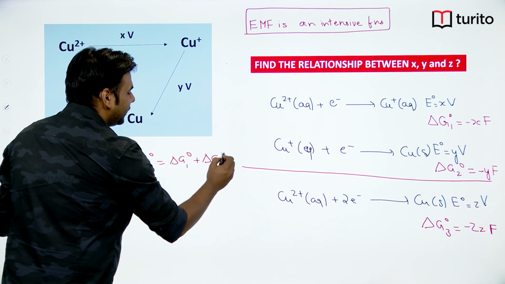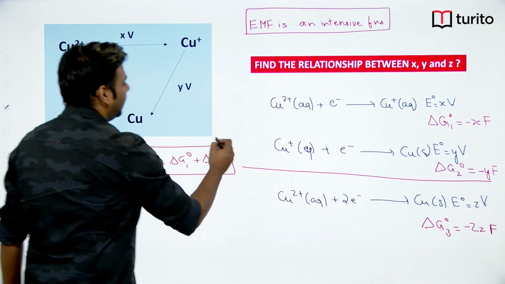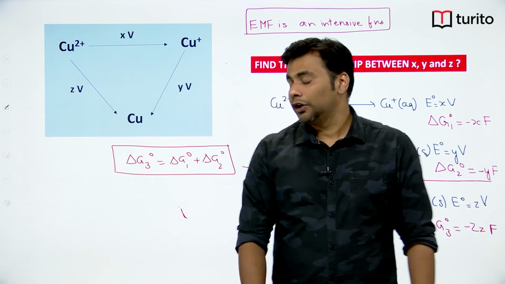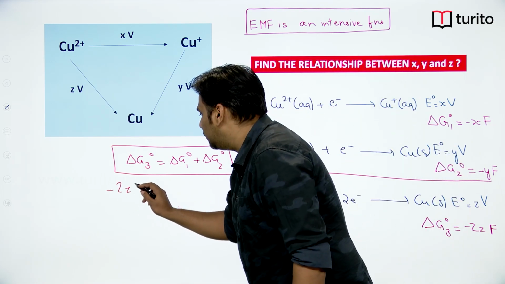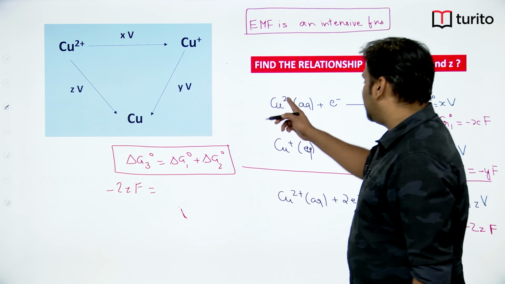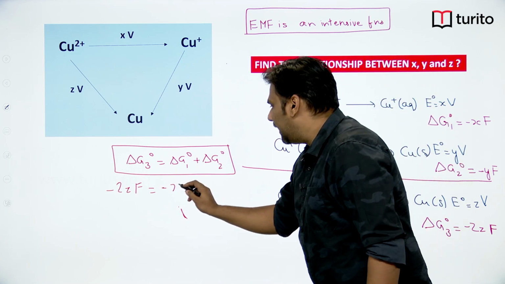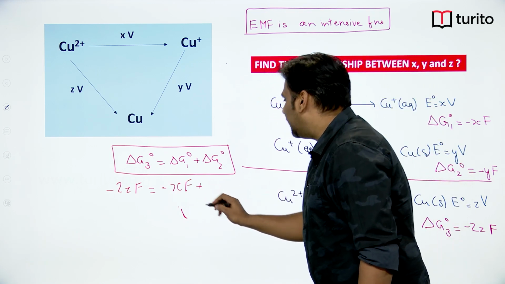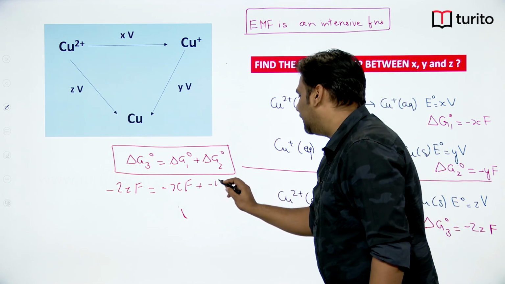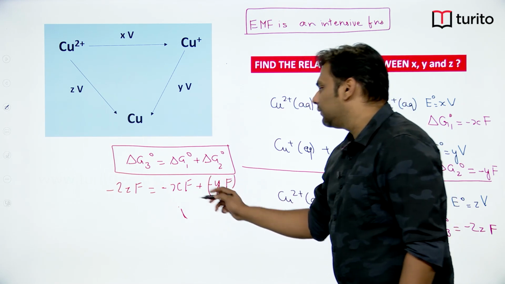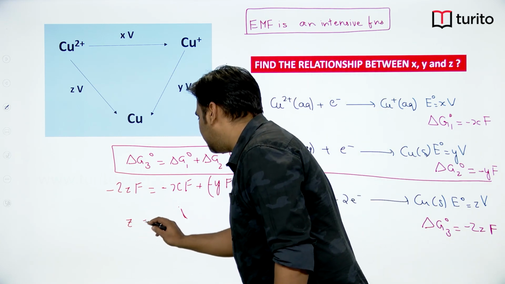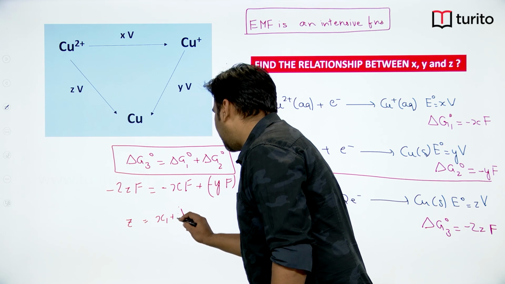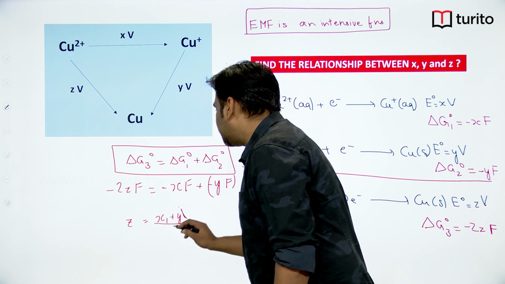Again, energy is an extensive function. Delta G naught 3 is minus 2 into Z into F, delta G1 naught is minus x into F, and delta G2 naught is minus y into F. F gets cancelled out, the minus sign cancels out, so Z becomes (x plus y) by 2.